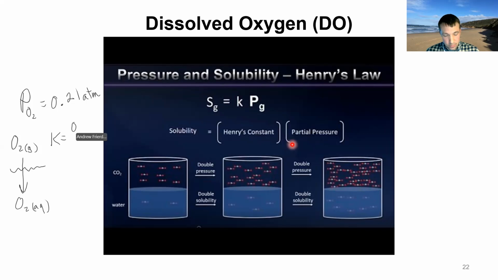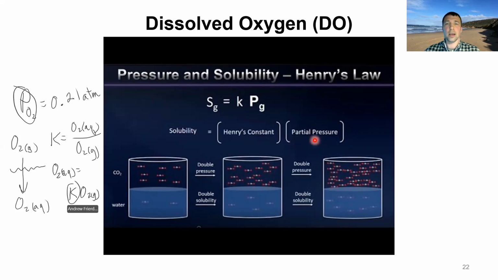The product here is O2 aqueous divided by O2 gas. If we rearrange this equation, we get O2 aqueous equals K times O2 gas. The O2 gas is just that partial pressure, PO2, and K is a constant. K is usually provided. It's something you can look up in a data table, for example.